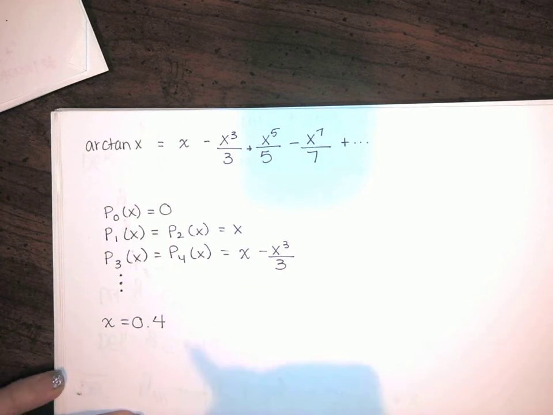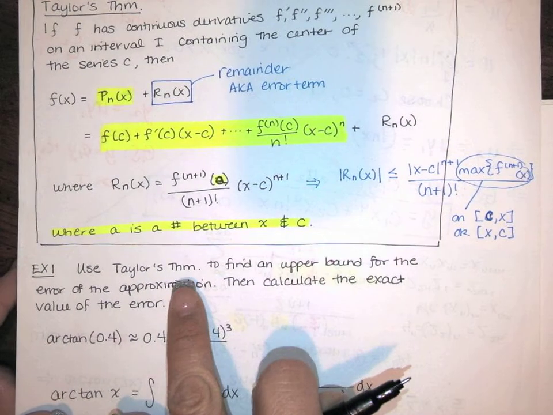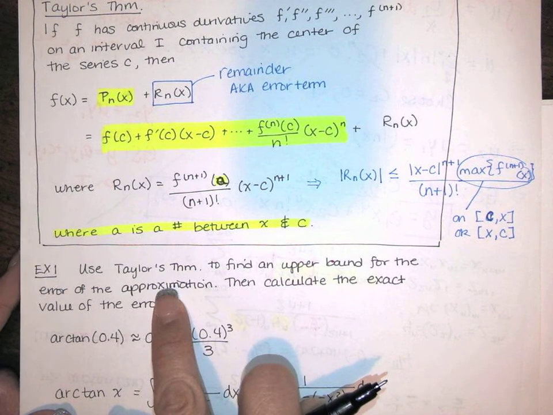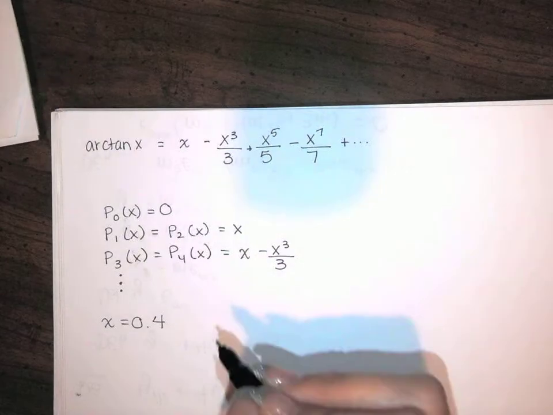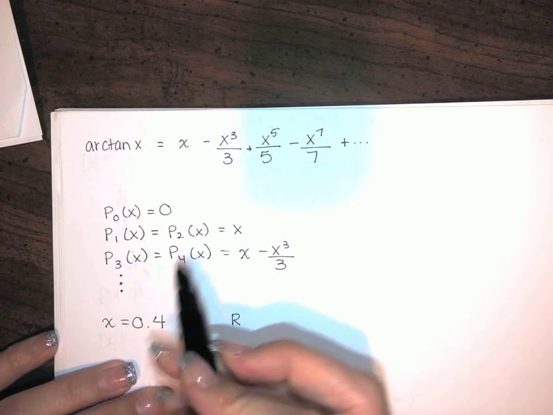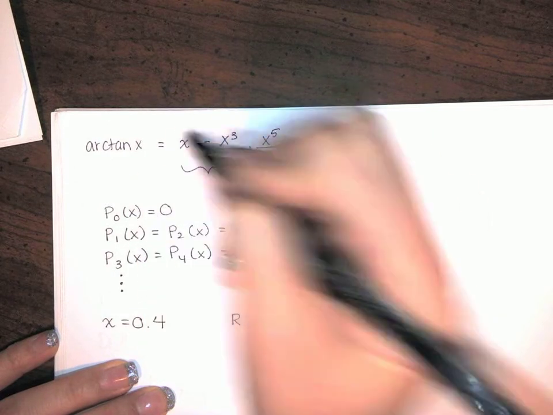And then I will write down the formula for my remainder term, because the question asks us to use Taylor's theorem to find an upper bound for the error of the approximation. So here's our error of the approximation. And this time, they're giving us a 3rd degree polynomial. They're using this to approximate the function.